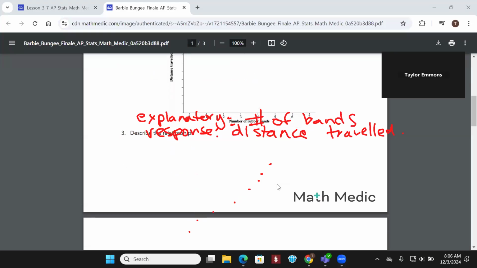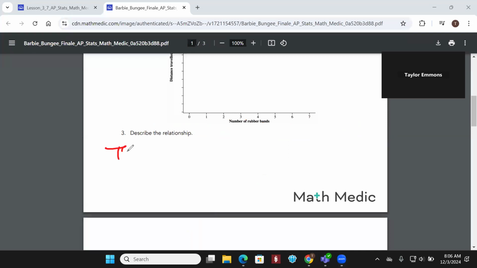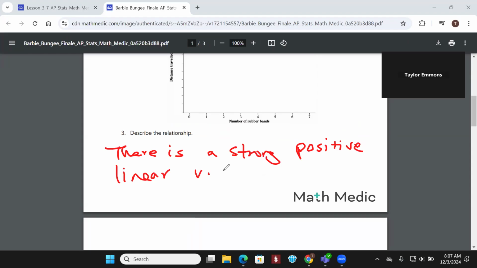And then describe the relationship. So this is what we write. There is a strong positive linear relationship. What's our acronym for this? Plus context.